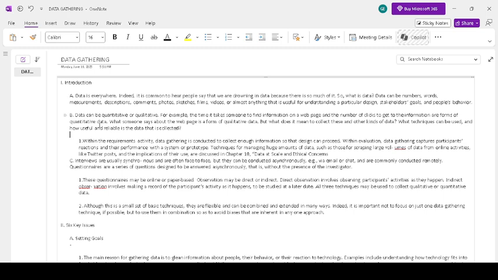Within evaluation, data gathering captures participants' reactions and their performance with a system or prototype.